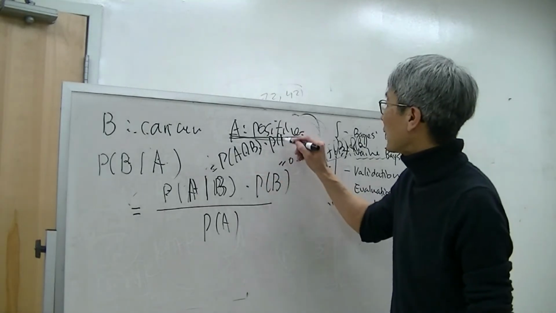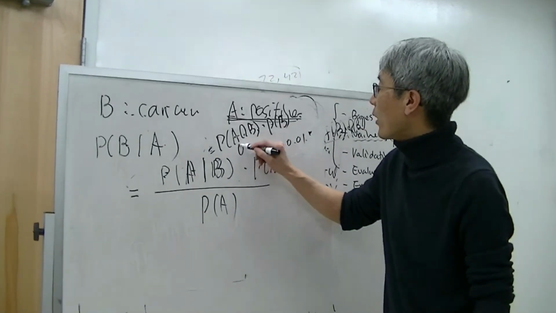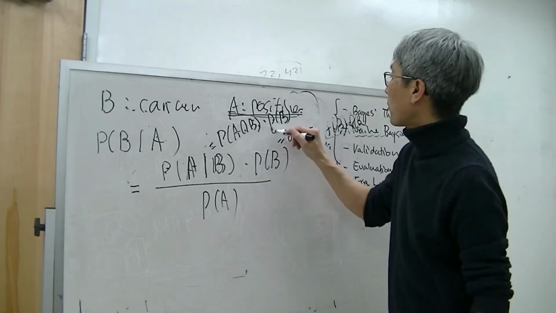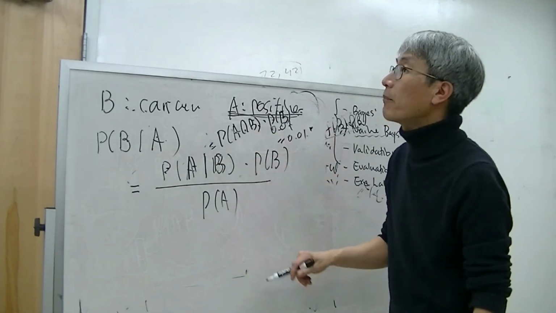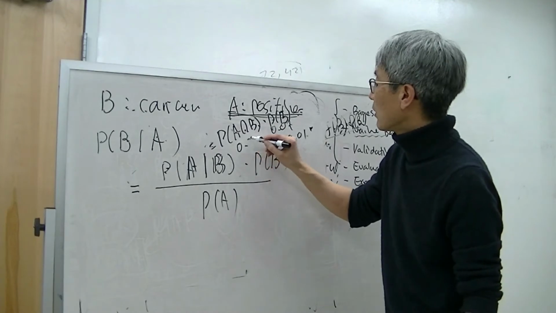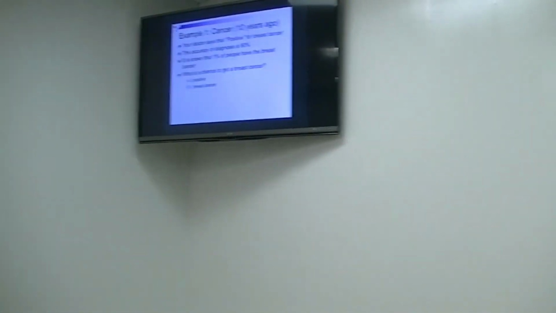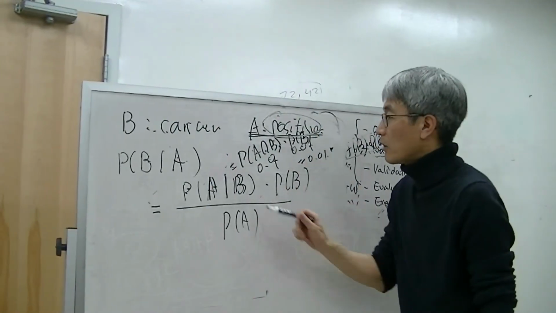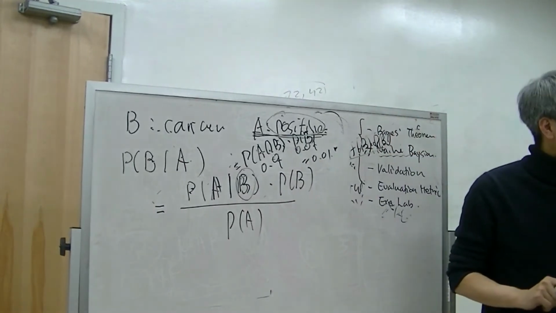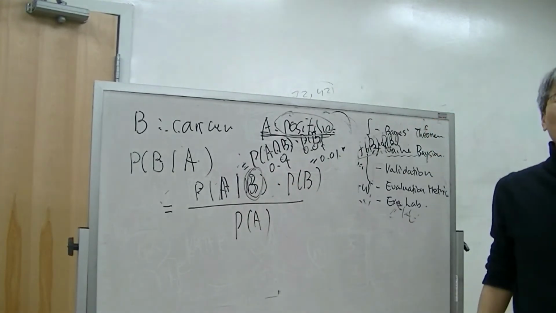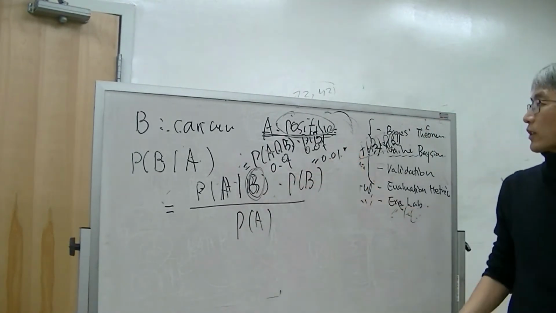So P(B) is 0.01, and P(A|B) is 0.9, 90%, okay? Because the accuracy of the diagnosis is 90%. Diagnosis means positive. What is the positive? Where there is cancer, right? So among the real cancer cases, the positive case is 90%, then multiply.